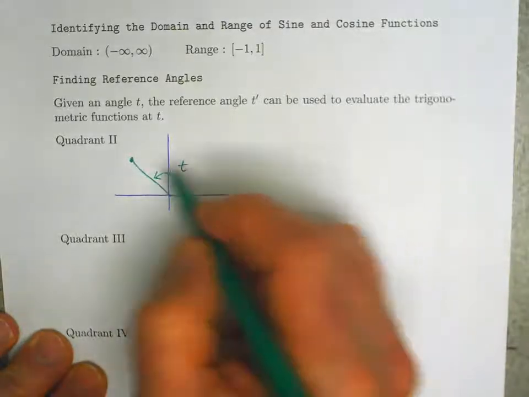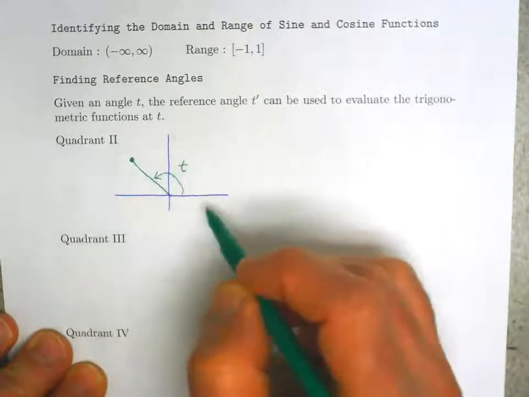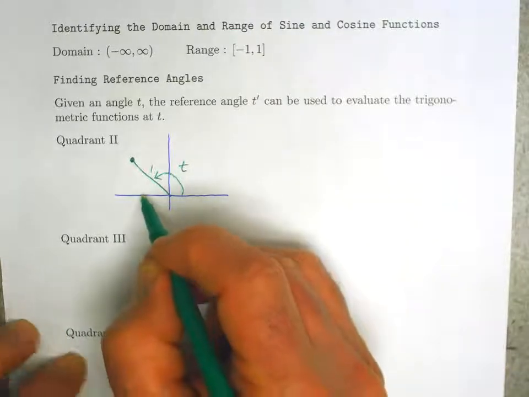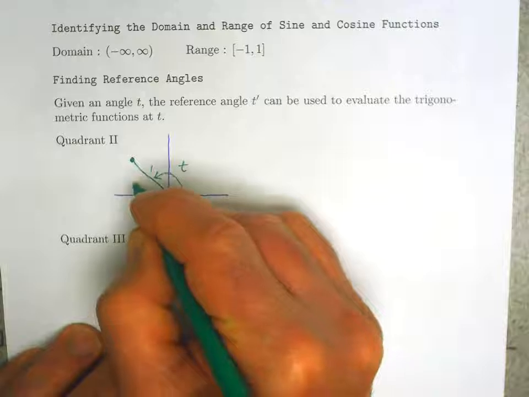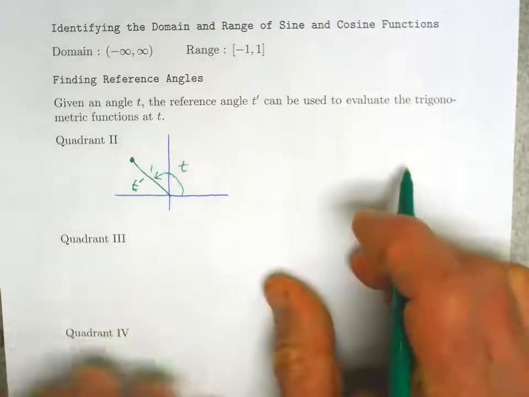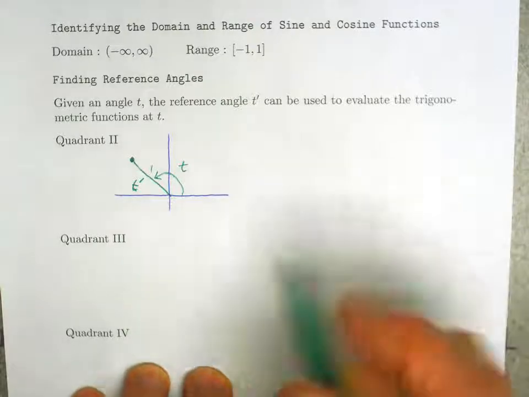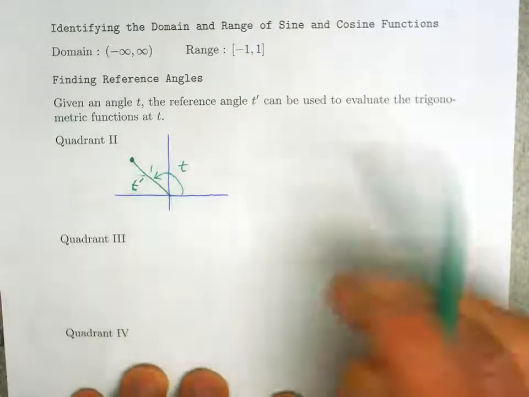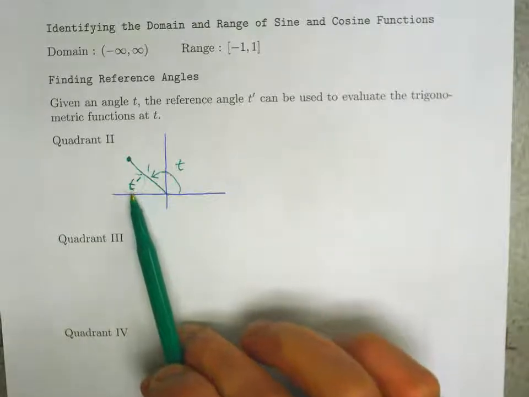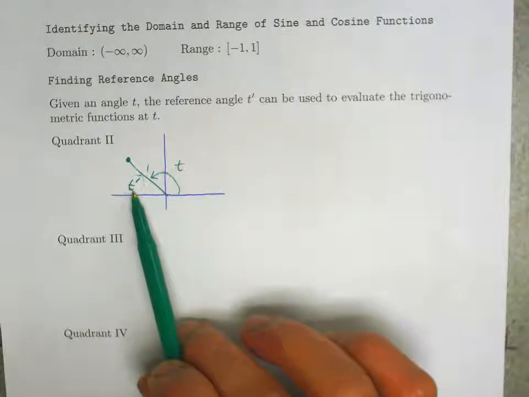And we'll assume that this point is on the unit circle, so the radius is 1. And we're going to label the reference angle t prime. So remember that for reference angles, we always pick a positive number that's between 0 and 90 degrees to represent the reference angle.